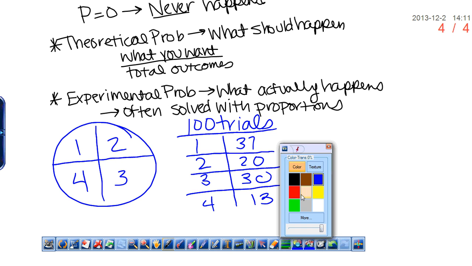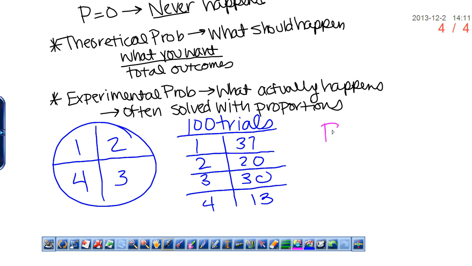Based on theoretical probability, how many should I have gotten for each of these in 100 trials? You should have gotten 25 out of 100, or 1/4, right? But my experimental probability isn't necessarily going to always match my theoretical probability, because it's based on real trials.